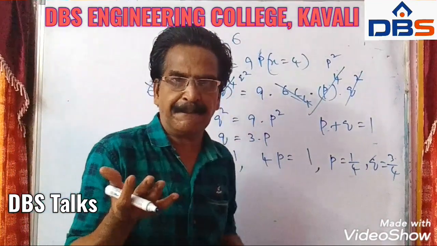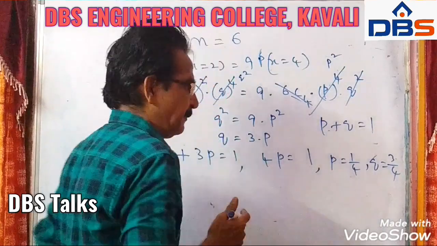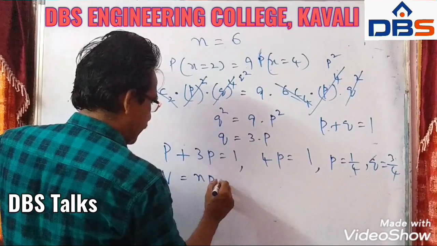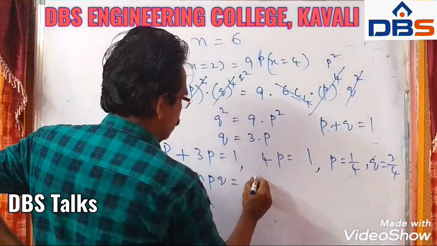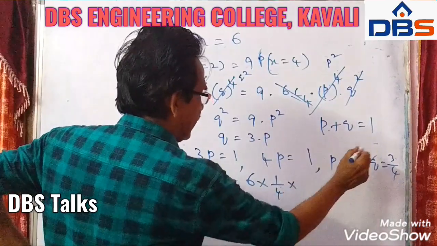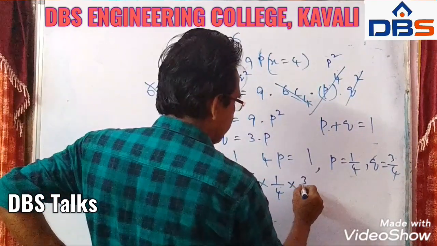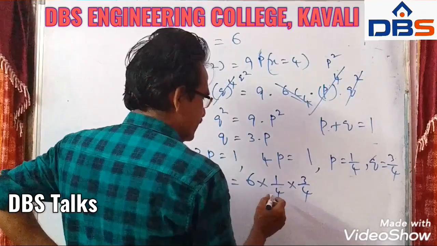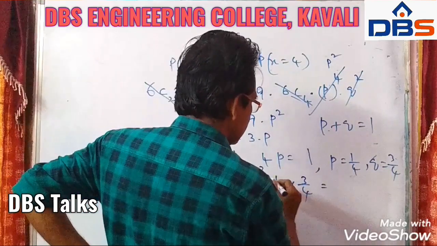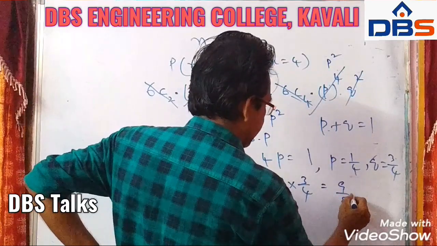Variance, we know npq. Variance is equal to npq. n is equal to 6, p is equal to 1 by 4, and q is equal to 3 by 4, friends. So 2 3s, 9 by 8, friends.